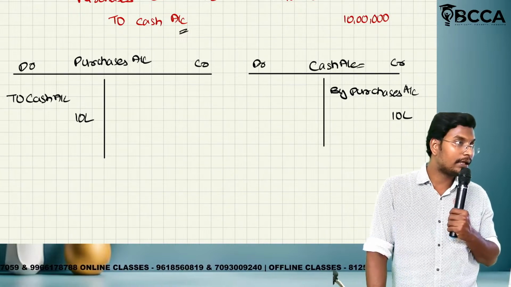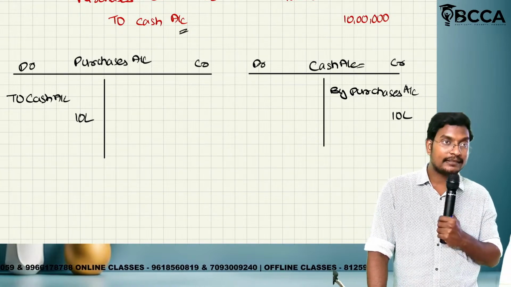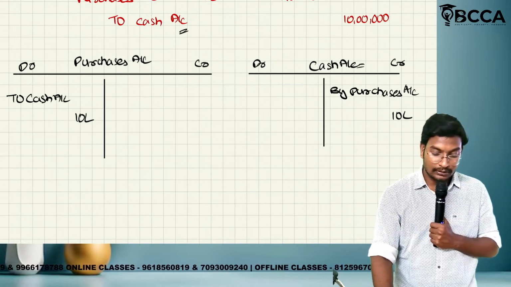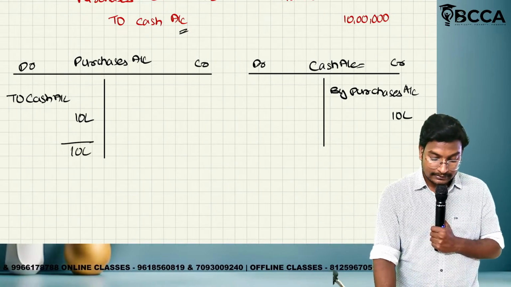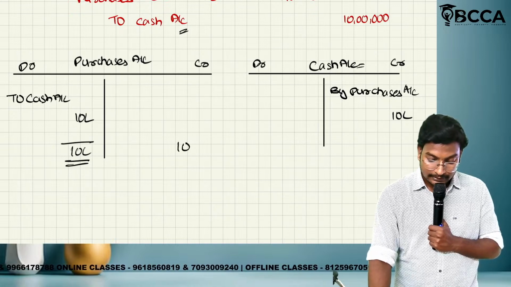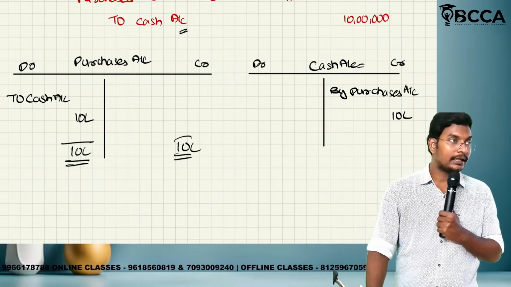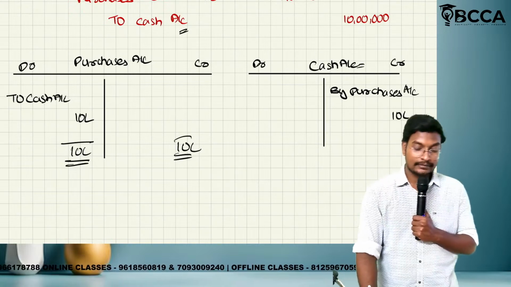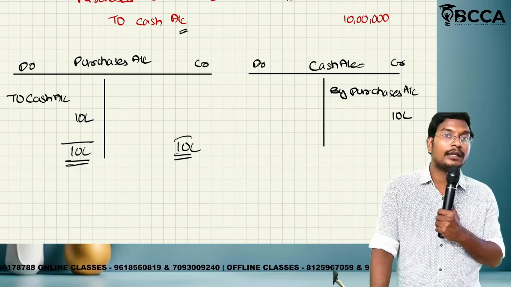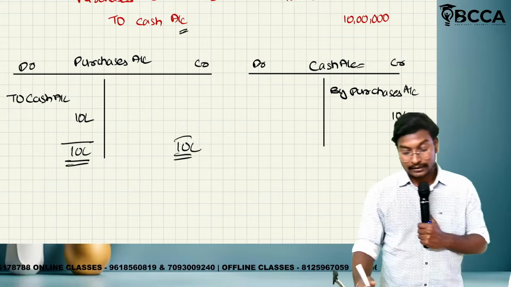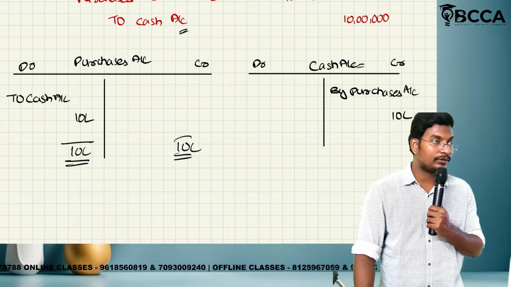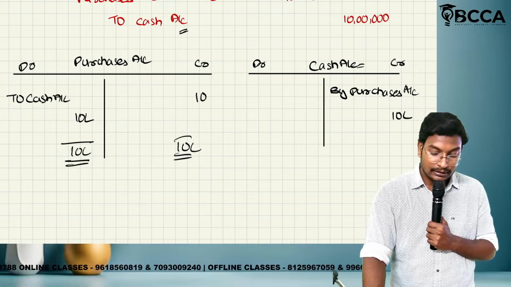We need to do the balancing. While balancing, first we have to write the totals column. What are the totals here? 10 lakhs and 10 lakhs. Now, what is the difference amount? 10 lakhs. The difference amount should be recorded on the lesser amount side.